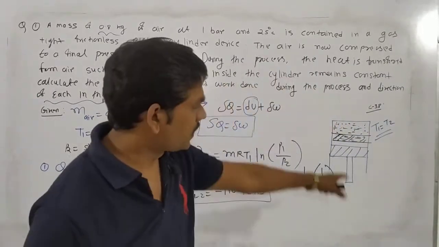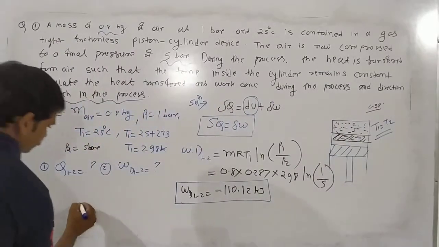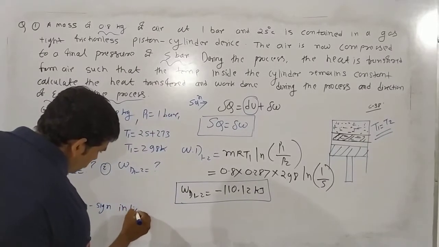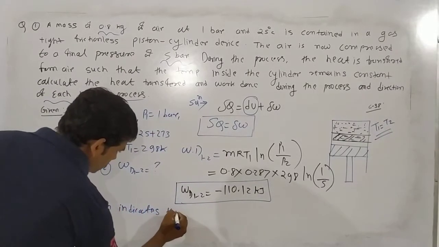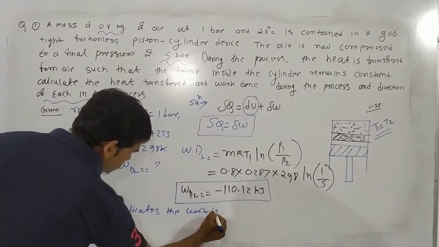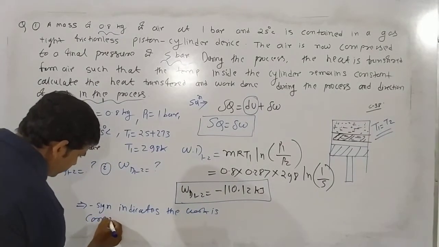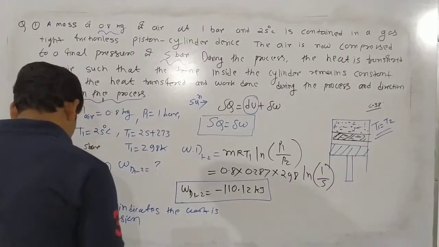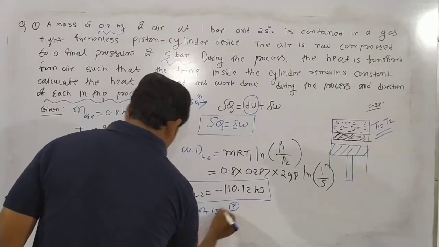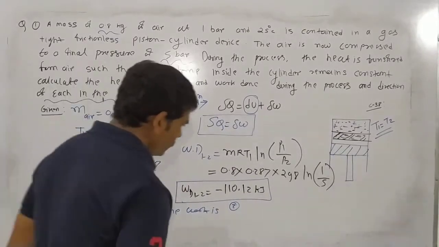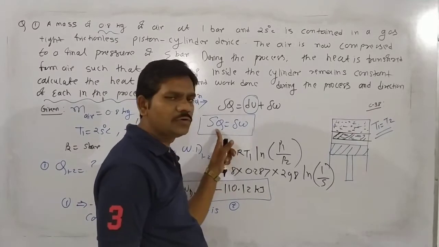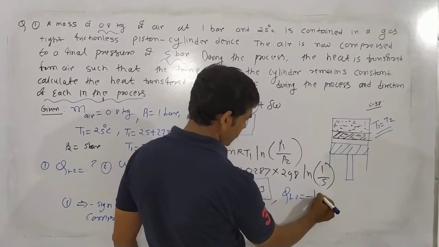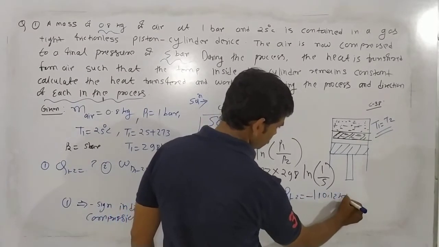Because the work done is compression; the negative sign indicates the work done is compression. Work done is negative, so heat is also negative, right? Q1-2 is also the same, minus 110.12 kilojoules.